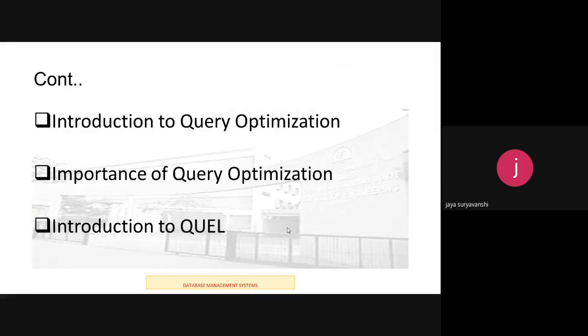The query is passed to the query optimizer when optimization occurs. The main aim of query optimization is to optimize the cost function. The cost function is in the form of input output cost, CPU cost, and communication cost.